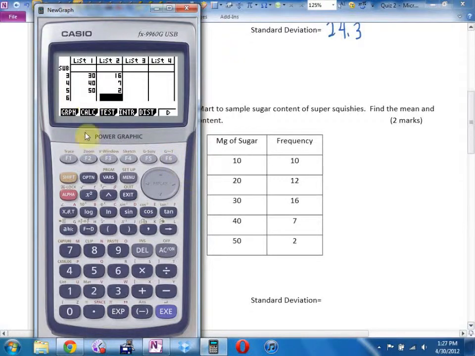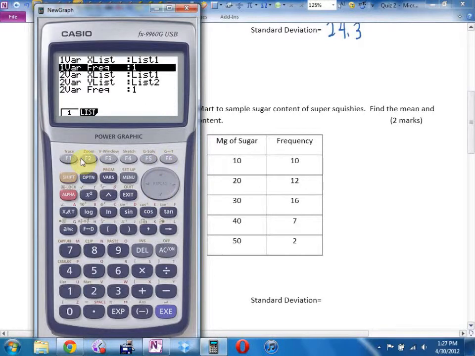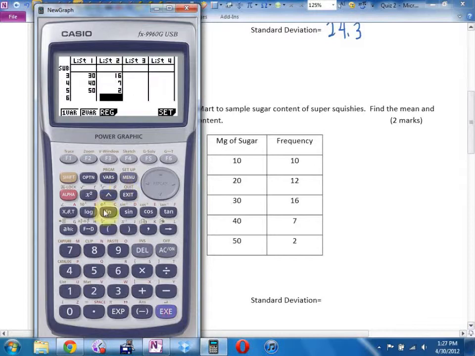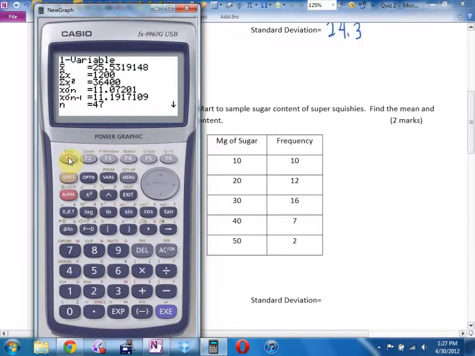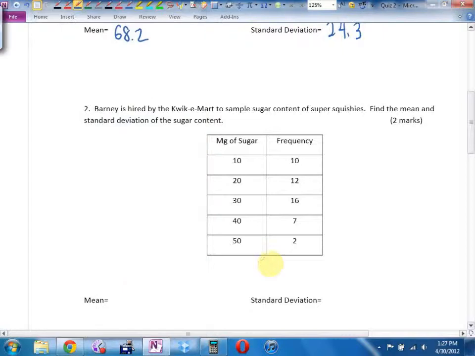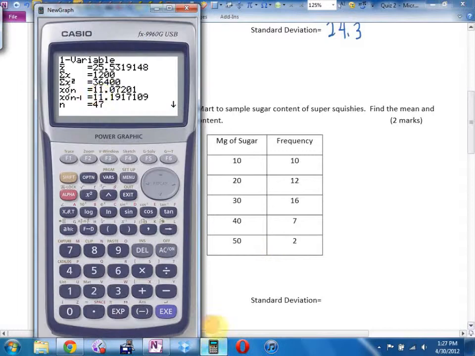Arrow sideways to get back to here. Calc, set the table, but this time the frequency is in list number 2. You get a mean of 25.5, 53 if you want to. Standard deviation of 11.07 or 11.1.